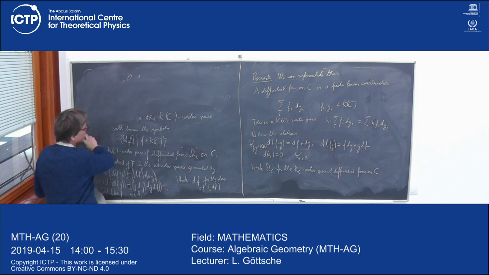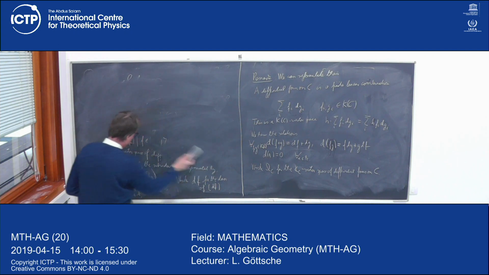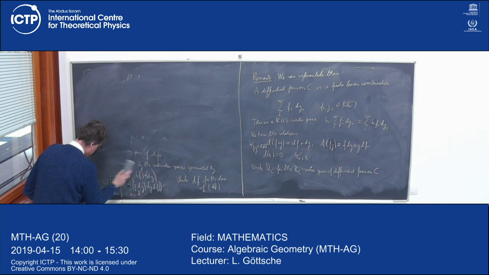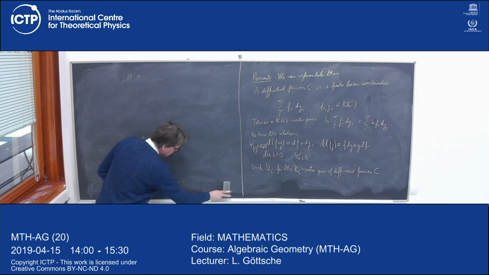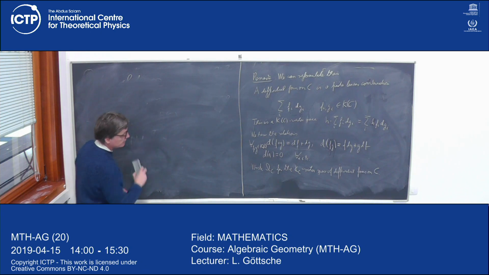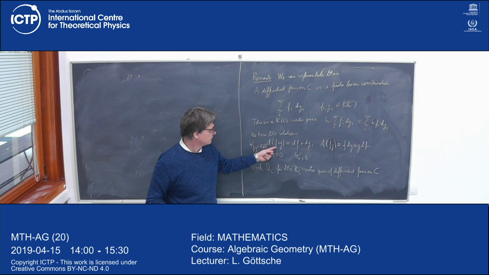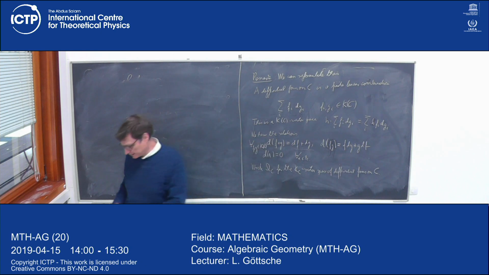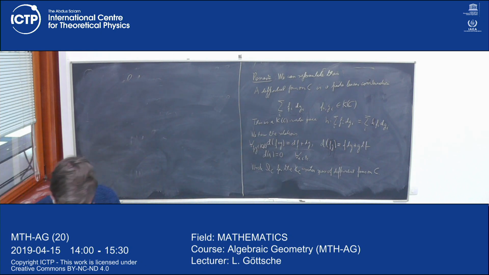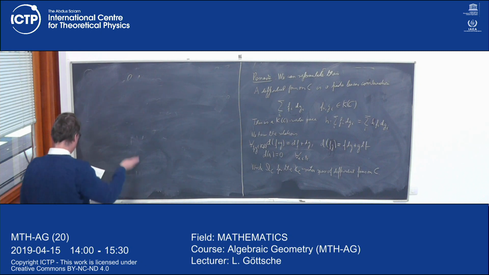So there are a few obvious things that we can see from these relations here. Namely, it's not very difficult to compute in simpler form the d f for certain f's. So I just have the following remark.